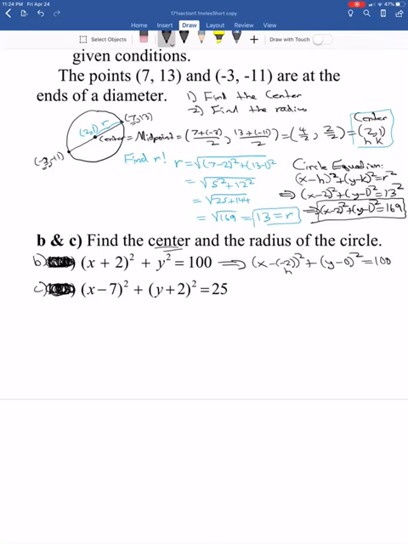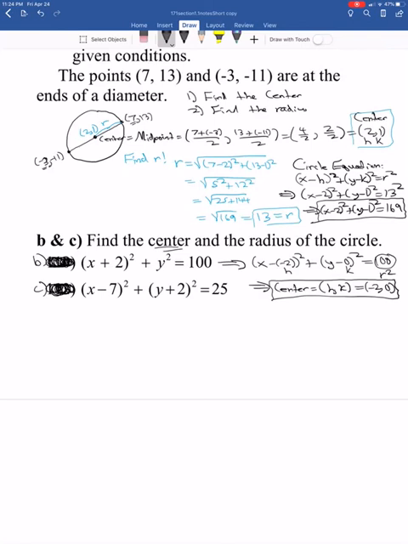So there's h, there's k, and there's r squared. Standard form circle equation. So that implies my center, which is my ordered pair h and k, is equal to negative 2, 0. So there's the center.